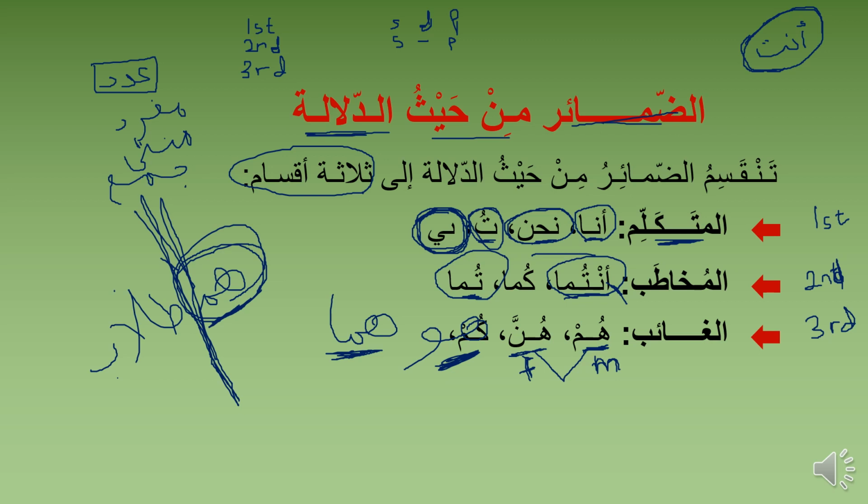Mufrad means singular, musanna means dual, jam'u means plural. Let's leave it like that. Later on we will still be explaining all that classification of pronouns, but these are the relevant ones you need in this class.